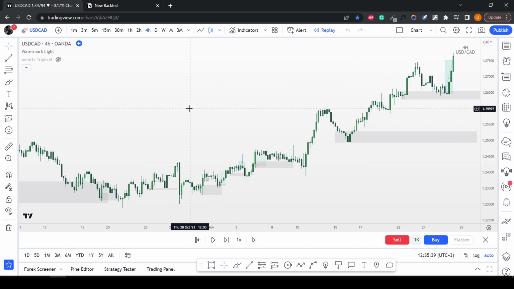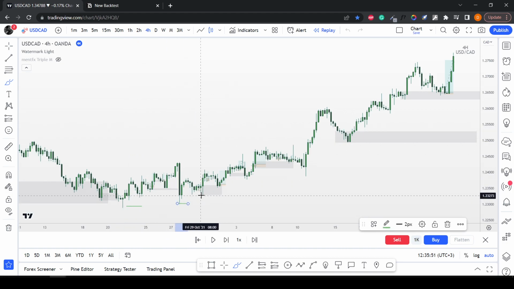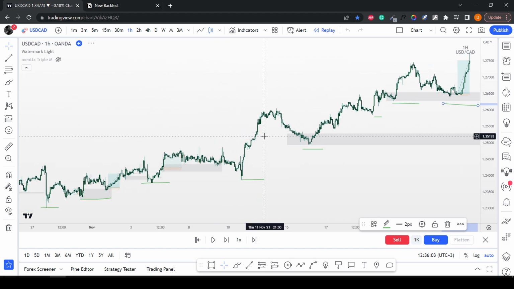One more thing, I would try to understand if there was a possibility for bearish entries. Just based on the high time frames, we can see that the price never gave us any bearish signs whatsoever until this, and right now it's also really bullish. So based on 4 hours, we don't have anything.